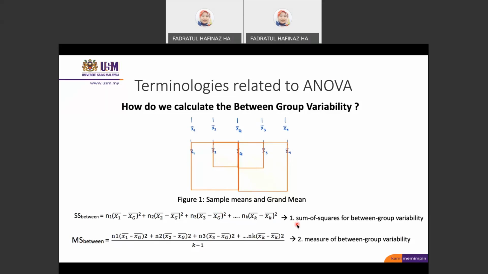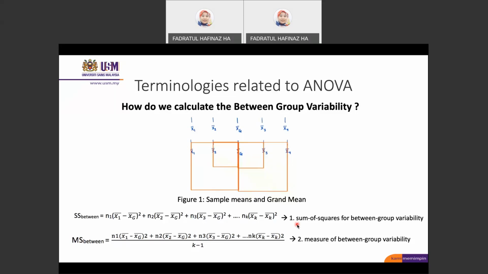There is one more thing we have to do to derive a good measure of between group variability. Again, recall how we calculate the sample standard deviation. We find the sum of each square deviation and divide it by the degrees of freedom.